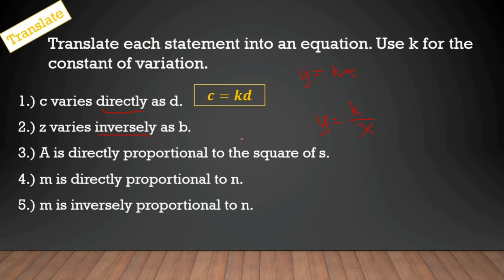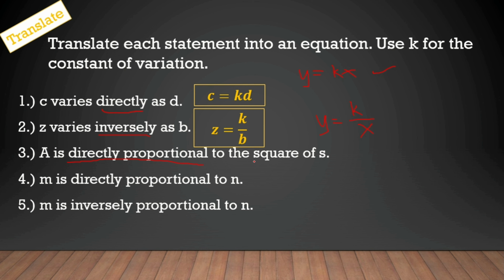So, z, ito yung magiging translation niya. Z is equals to k divided by b. Okay? So, next, number 3. A is directly proportional to the square of S. So, since dito sa statement sa number 3 ay directly proportional, ibig sabihin, yung direct variation na formula ang susundan natin.